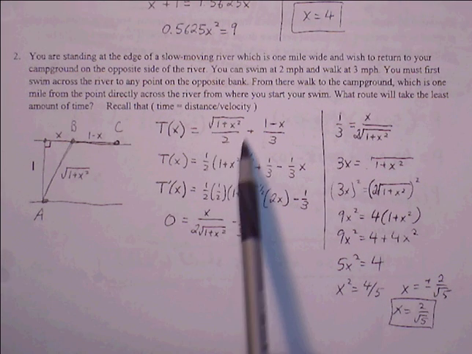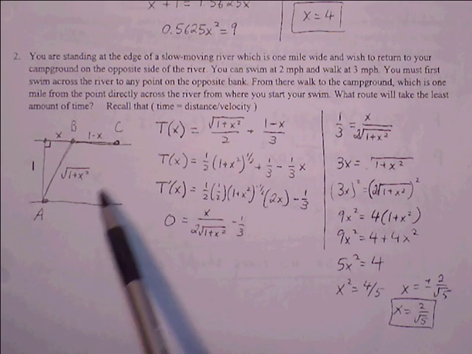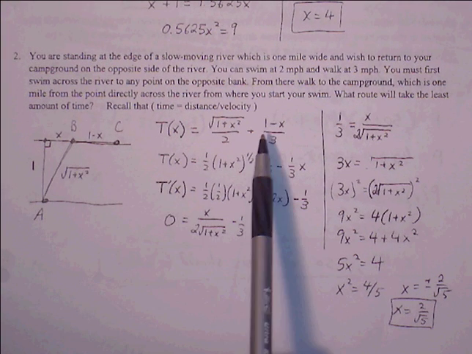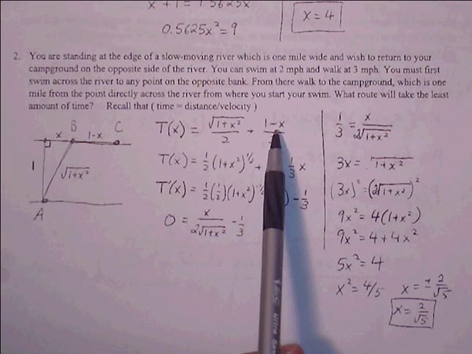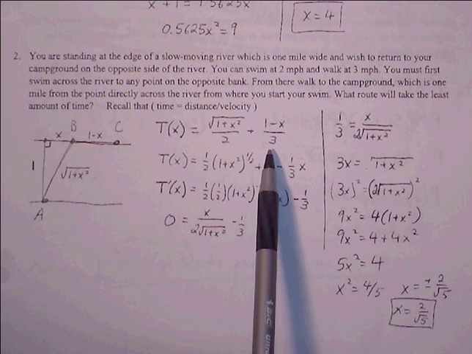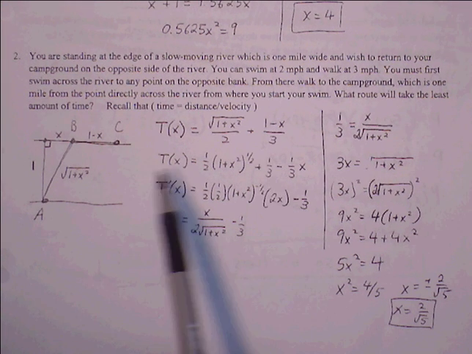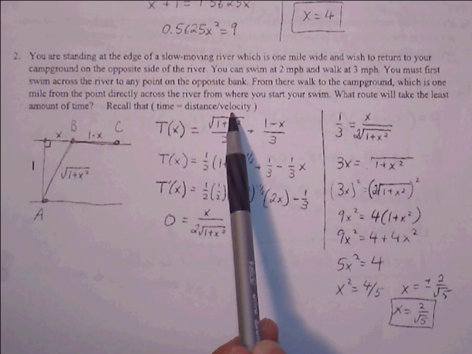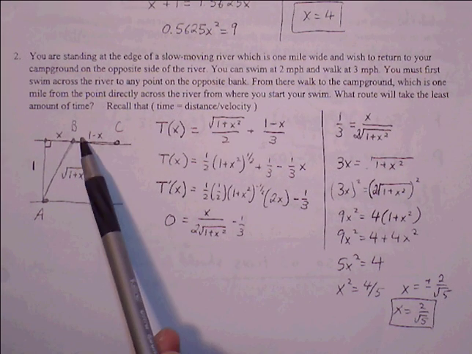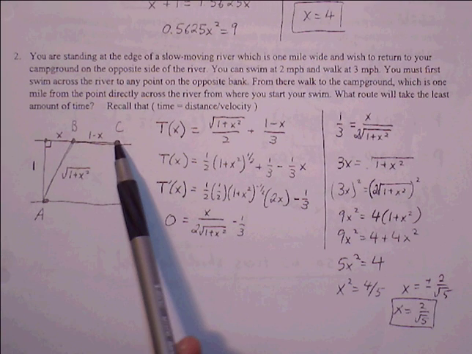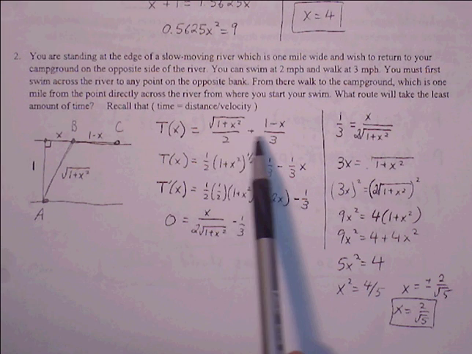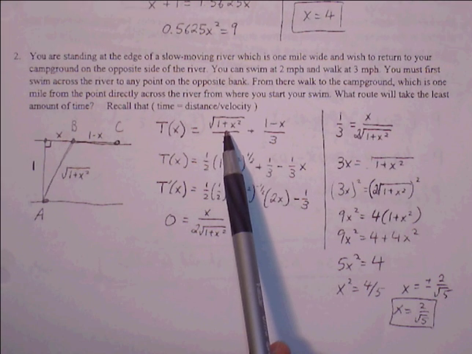So now this represents the time that it takes to get from point A to point B. And then from point B to point C, the distance will be 1 minus x. And then we divide it by 3, since the velocity for this leg of the trip is going to be 3 miles per hour.